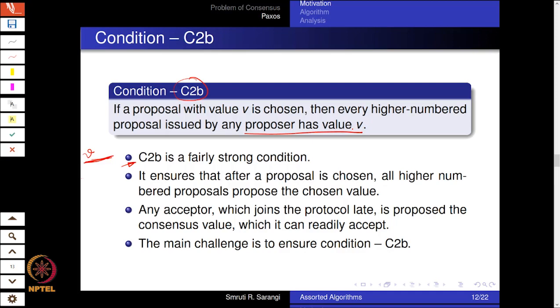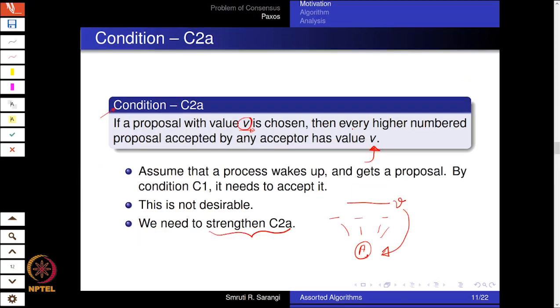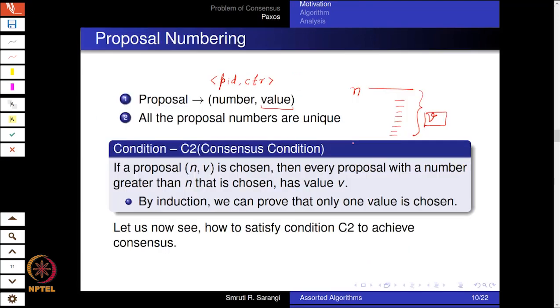We will see how to ensure that. But assuming C2b is ensured, it is very easy to write that C2b would imply C2a, which is that any acceptor has to accept only value v. Well, that is clear because only value v is being proposed. And then C2a would further imply C2, that since only value v is being accepted, ultimately value v will also be chosen by a higher number proposal.